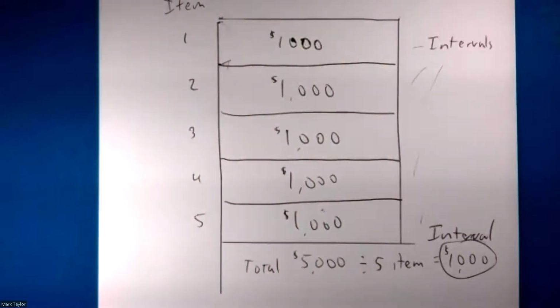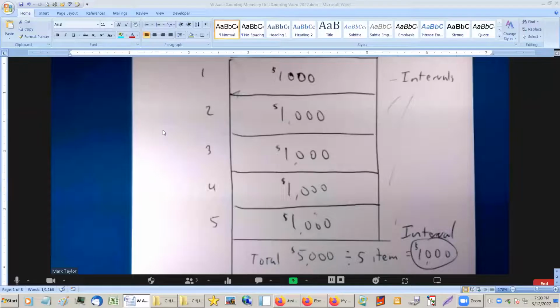So this is why this one is a good one for auditing. If they're cooking the books, the more they cook the books, the more likely it's going to get caught. And if they cook the books enough on any single account that it goes bigger than that interval, it's 100% going to get counted.